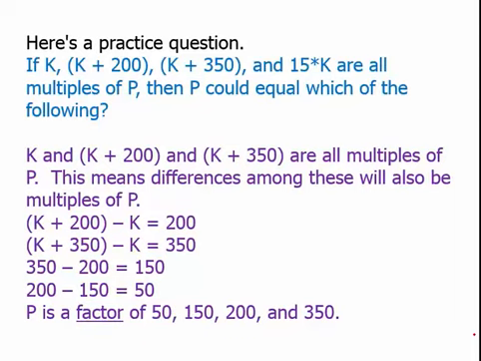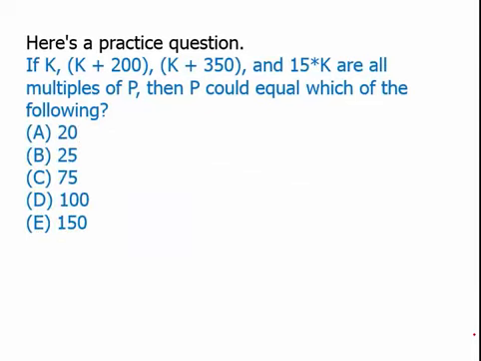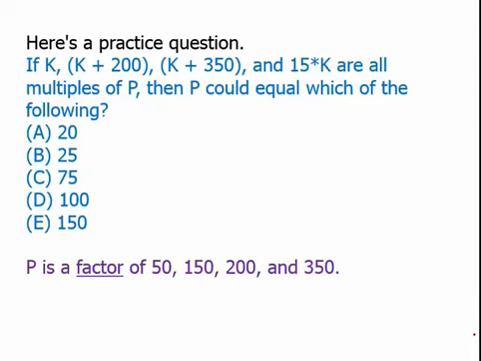So let's take that information and now look at our answer choices. Here are the answer choices, and P has to be a factor of one of these numbers. We'll notice that it can't be anything bigger than 50, because anything bigger than 50 can't be a factor of 50. It can't be 20, because, well, 200 is divisible by 20, but the others aren't divisible by 20.